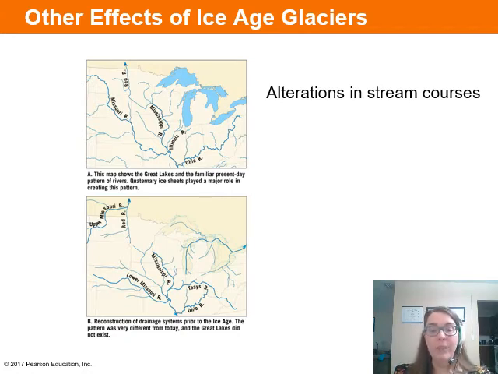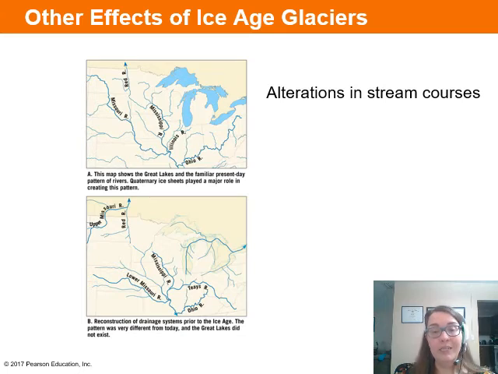So here we can see that some of our rivers remain mostly unchanged, but some of our rivers are going to totally change their path. So we look at the Mississippi River, for example. If we look at it before the last ice age, it was relatively short. But now our Mississippi River cuts through two additional states. It's grown in length after all of that ice melted.